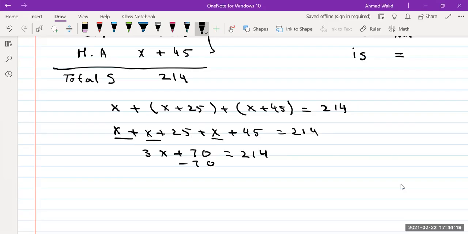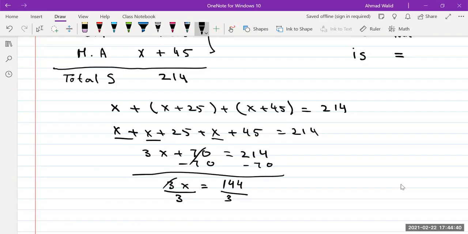Subtract 70 from both sides. Then 3X equals 144. Divide both sides by 3. These two cancel out. Then X equals, can we divide? 144, yes, we can divide.